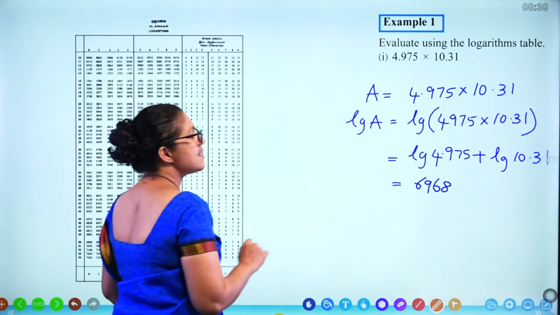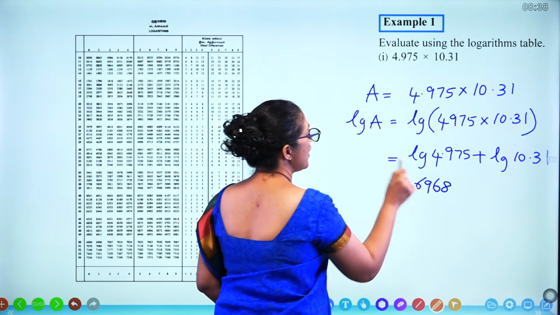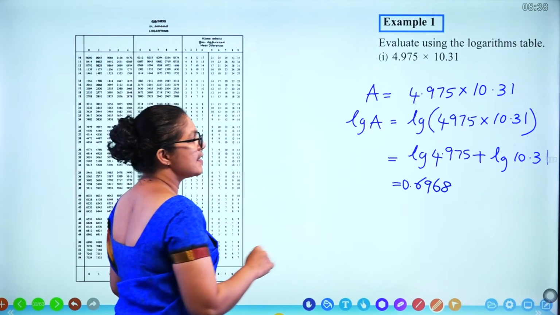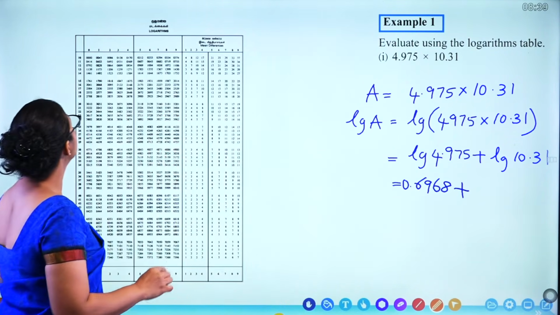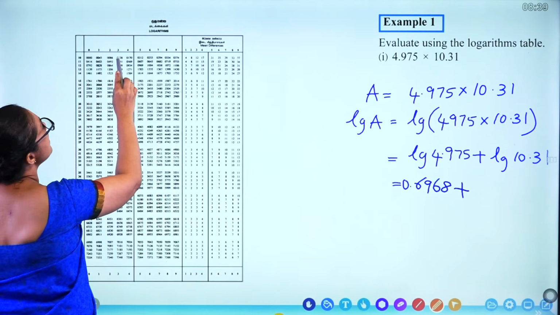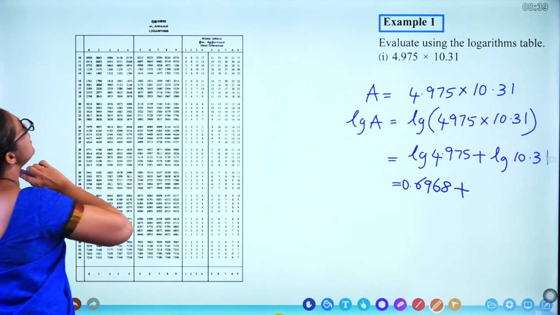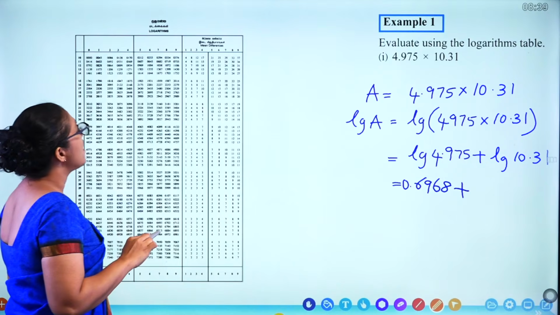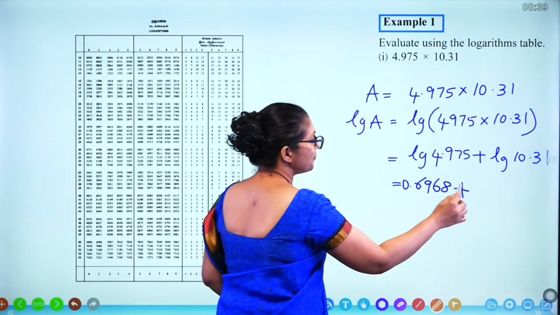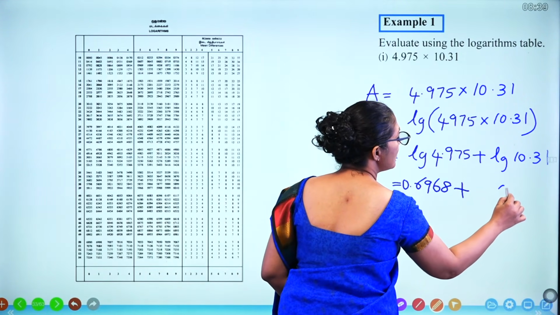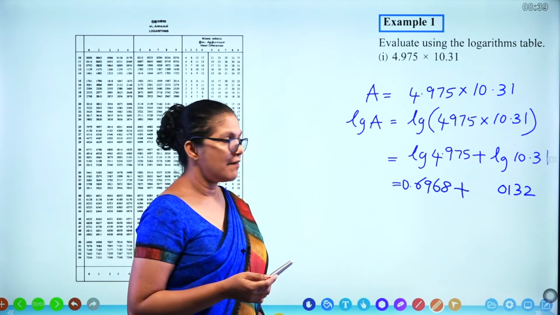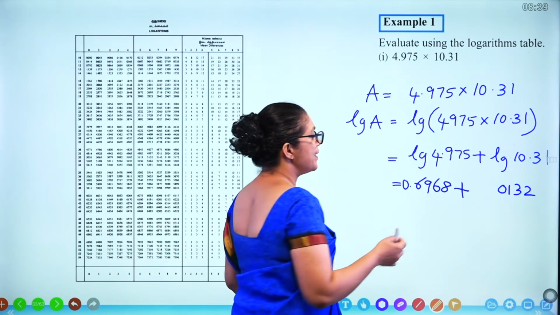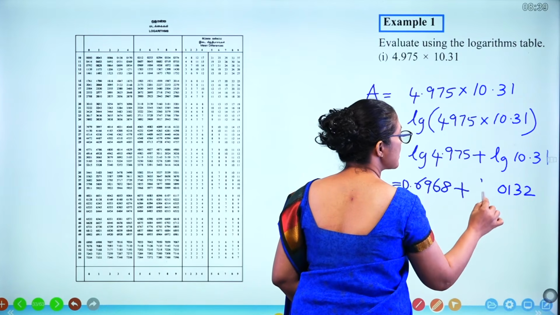So this is less than 10, you get 0.6968. Then the next number 10.31. Adding 4 to that, 0.132. This is 10.31. So what's the characteristic? You get 1 point.